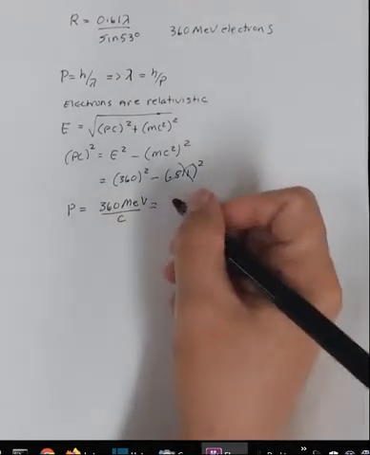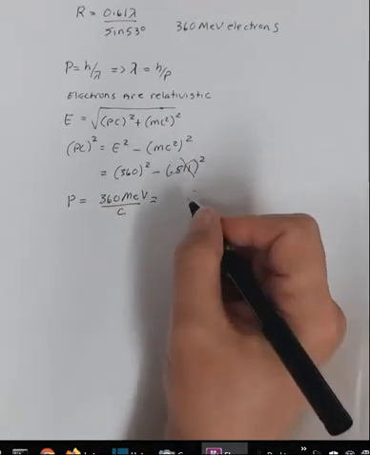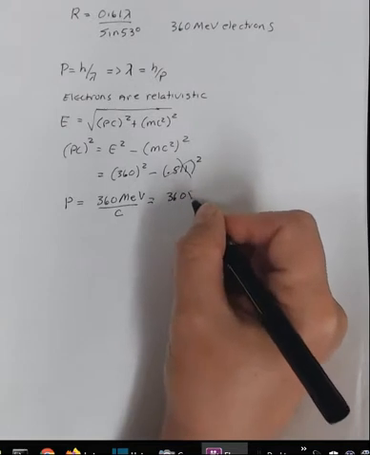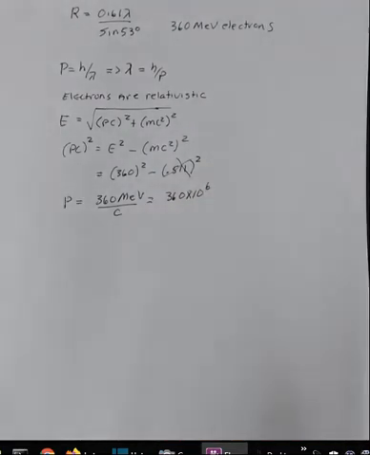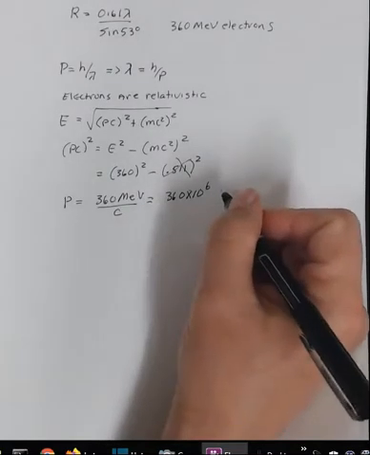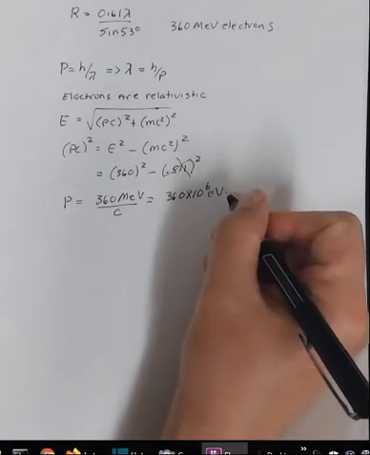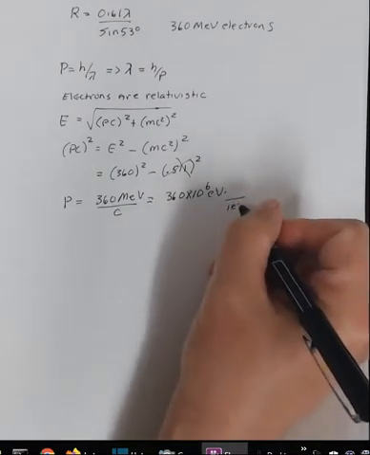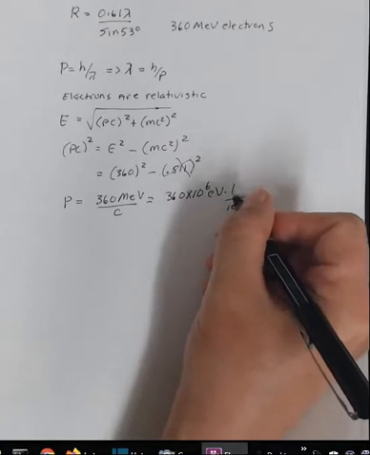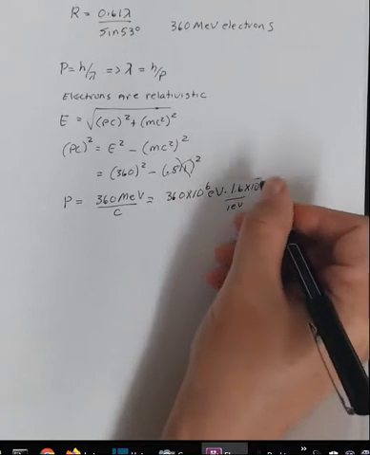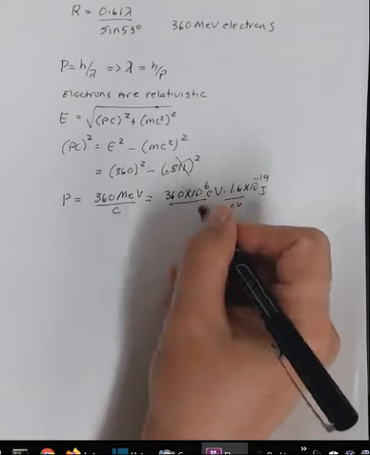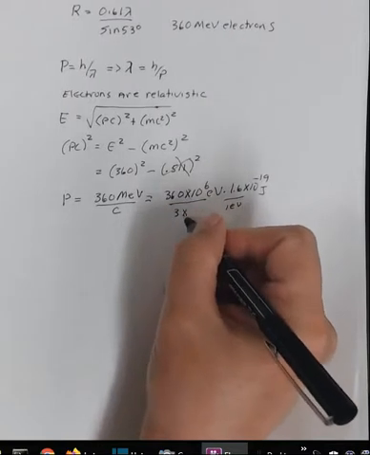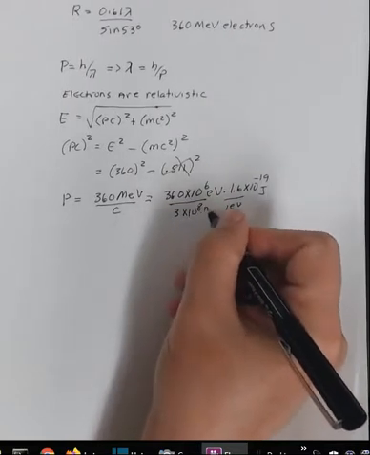And when I do that, 360 times 10 to the 6 eV, so I'm going to get my momentum in SI units. I know 1 eV is 1.6 times 10 to the negative 19 joules, and c is 3 times 10 to the 8 meters per second.